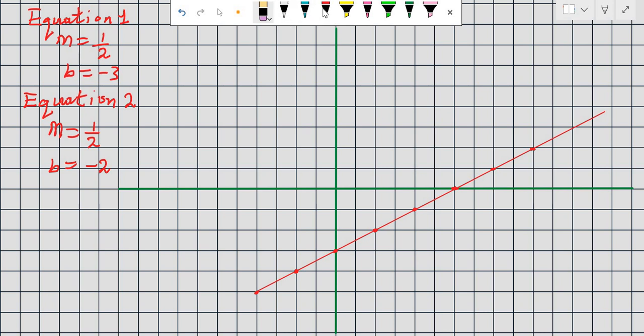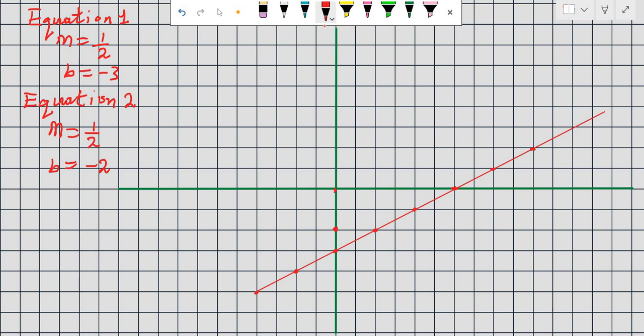Let's also do that for equation 2. The y-intercept is negative 2. So from the origin, count 2 steps down: 1, 2. So this is the negative 2. We also have the slope to be 1/2.